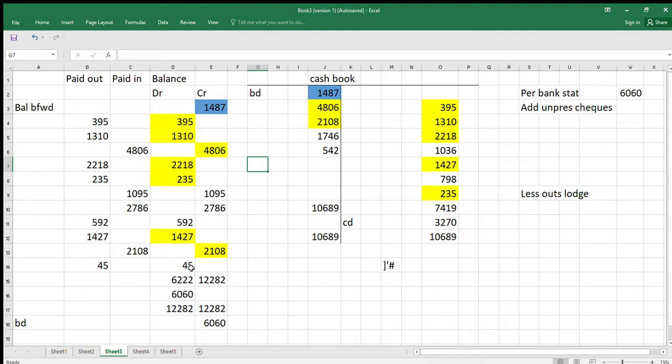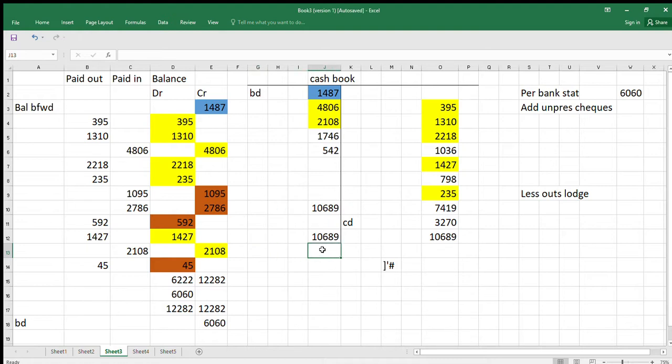So anything that's not in these items here is not in our cash book. I don't think I can see any of them. Just checking. No. Okay. So all of these ones here have all got to go into this cash book.